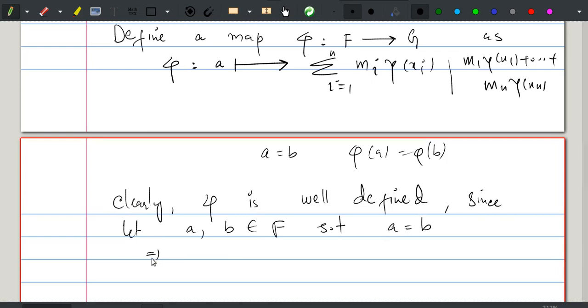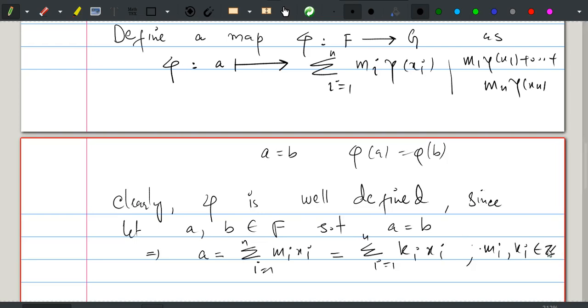This implies, F being free with basis these xi, that a is the same as the sum of mi xi. This is the same as b, and b can be expressed as the sum as i runs from 1 to n of ki xi, where mi and ki are elements of the set of integers.